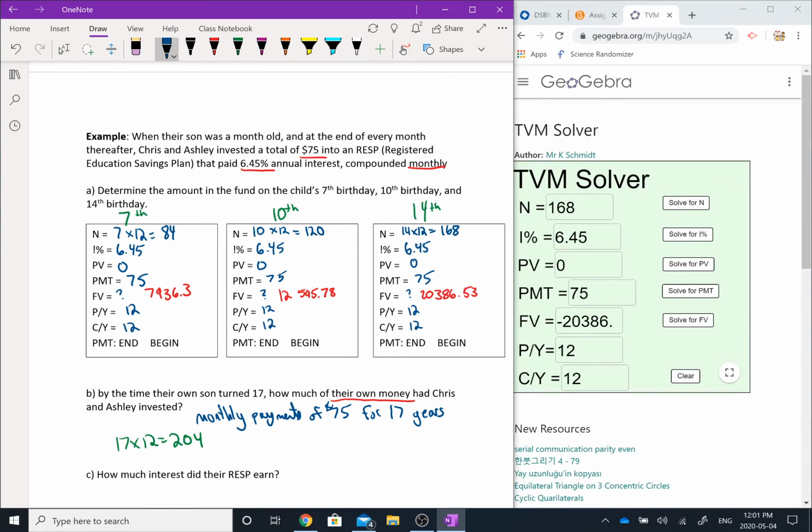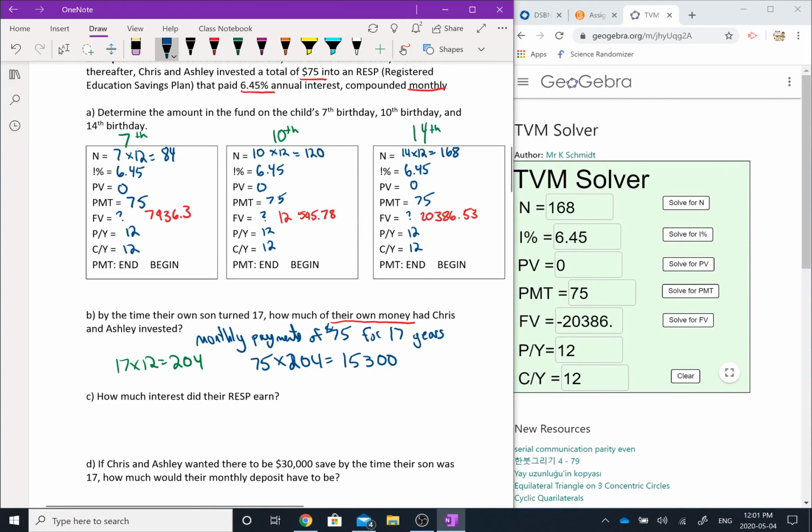So if we want to figure out how much of their own money they put in, we can do 75 times 204, or for every month in those 17 years. And we get a total of 15,300.